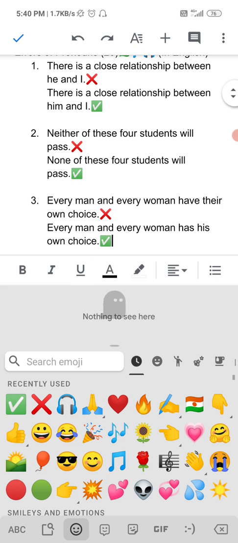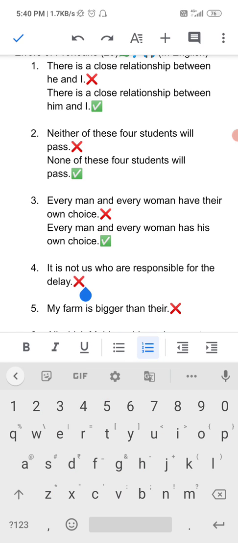This is correct. Okay, our next question is, it is not us who are responsible for the delay. The setting of the sentence begins with it, and it is followed by the be form is.